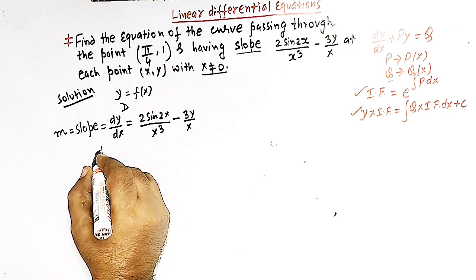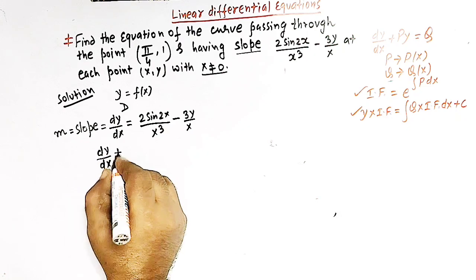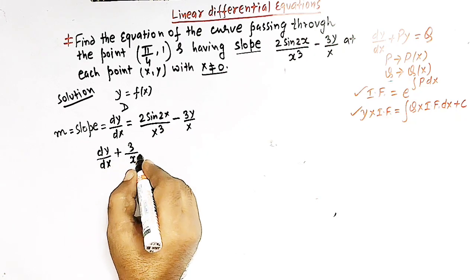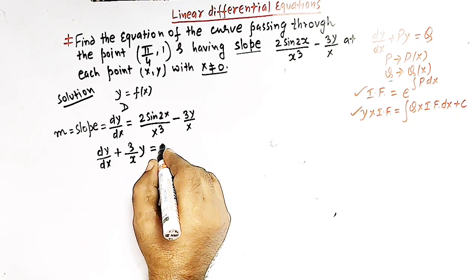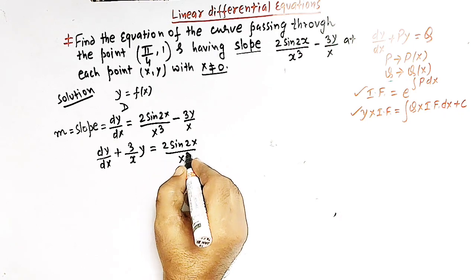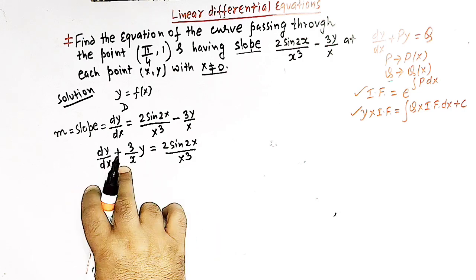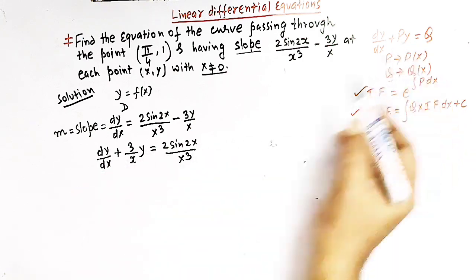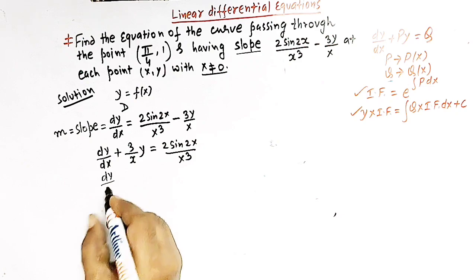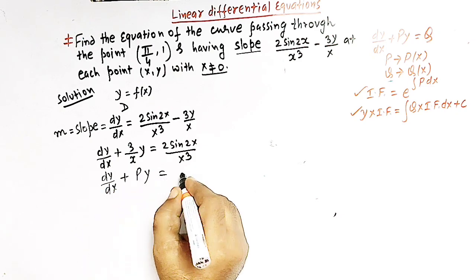So we have here dy over dx plus 3 over x times y, and here we have 2 sin 2x over x cubed, right? Now we can easily see that this equation is similar to dy over dx plus py is equal to q.